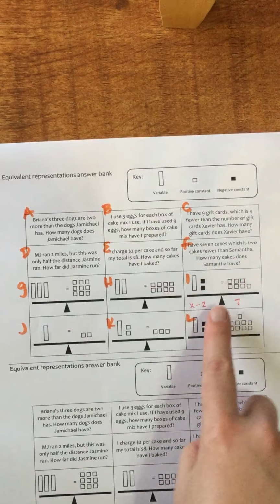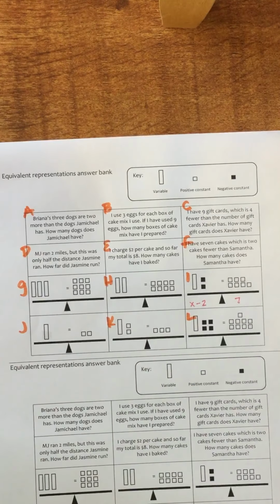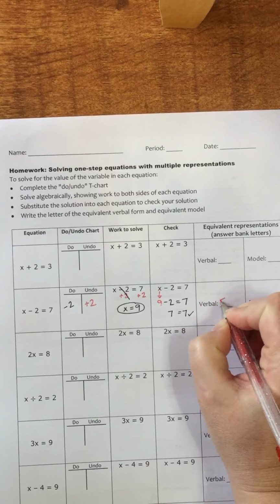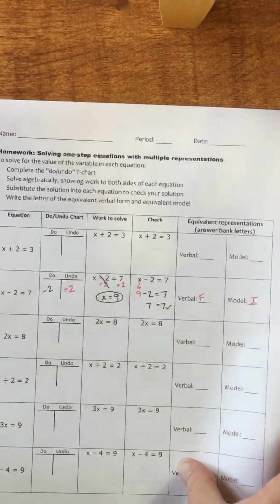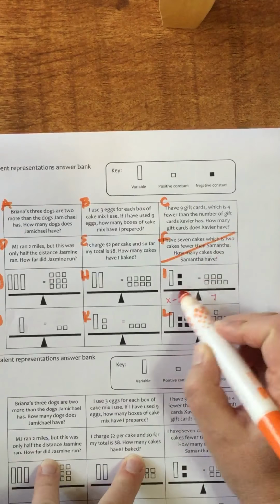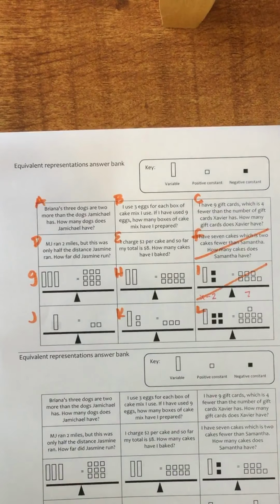So I'm going to use I for the model and F for the verbal description. They'll each be used once, so I'll go ahead and mark through them or check them off. But they will not be used again.